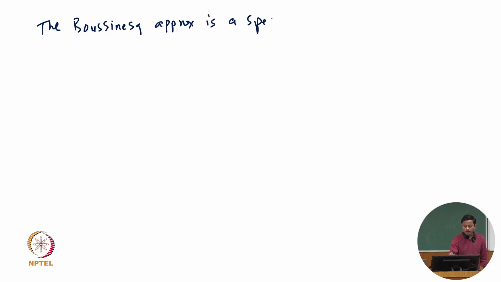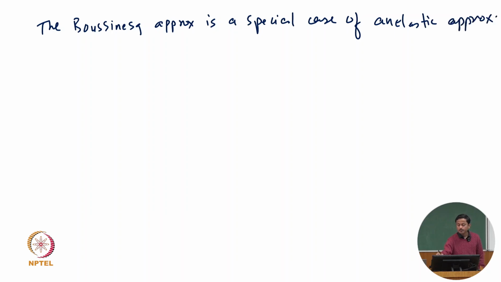This means the Boussinesq approximation is a special case of the anelastic approximation.